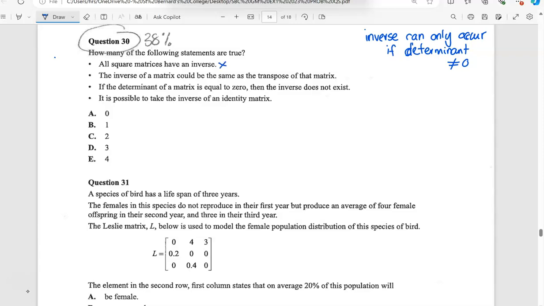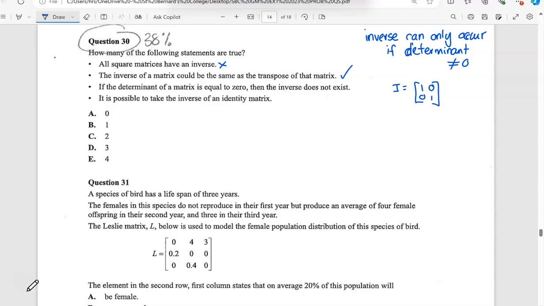The inverse of a matrix could be the same as the transpose of a matrix. Well, that is true, because if you have the identity matrix, which is 1, 0, 0, 1, the inverse is going to be the same.